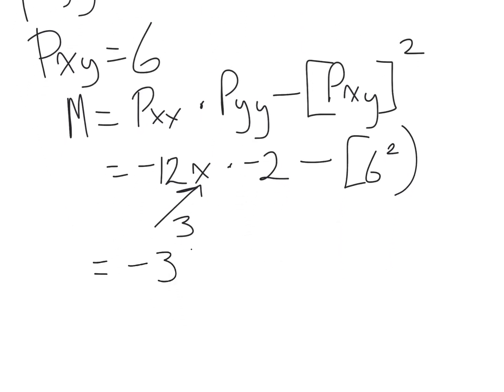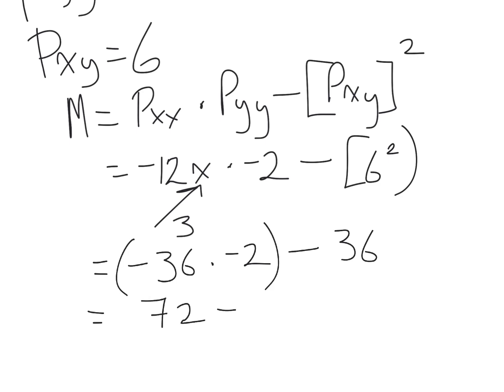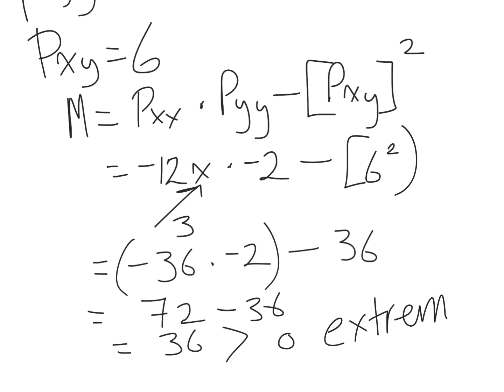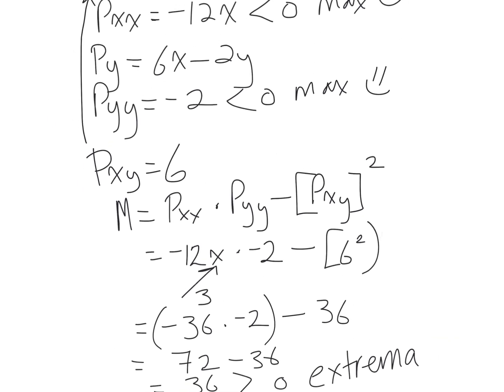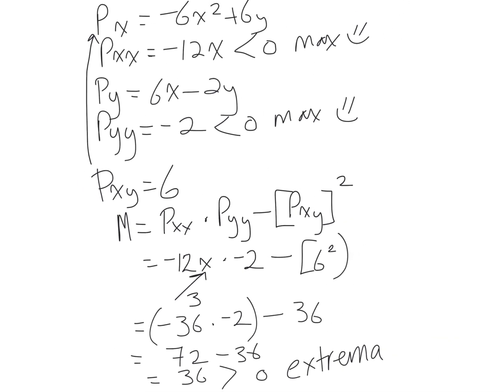So minus 36 times minus 2 minus 36, 6 squared, right? So we have 72 minus 36. We have a positive number, positive 36. So because it's greater than 0, that tells us that we have an extrema of some sort. And then the pxx, pyy tells us that we have a maximum specifically.